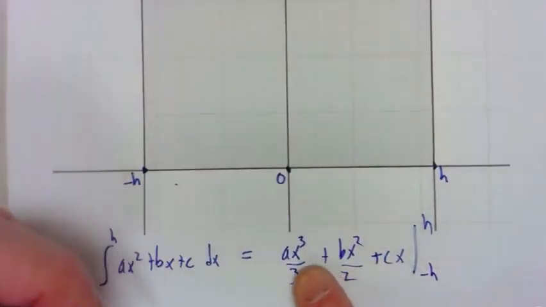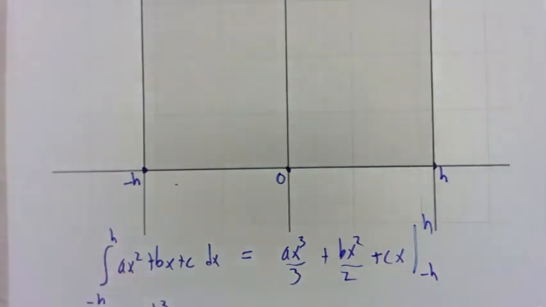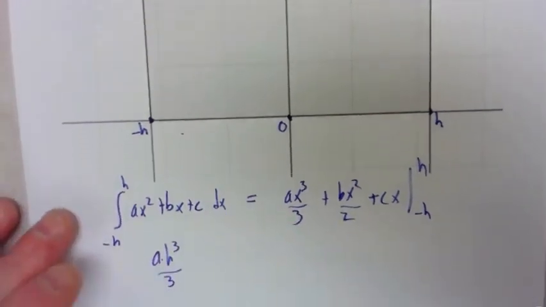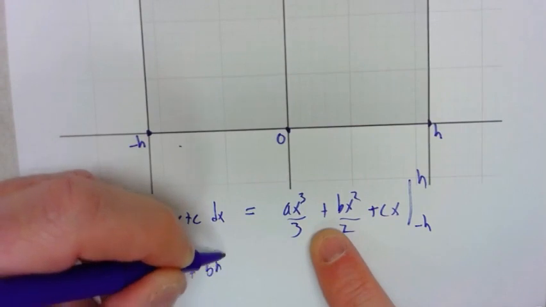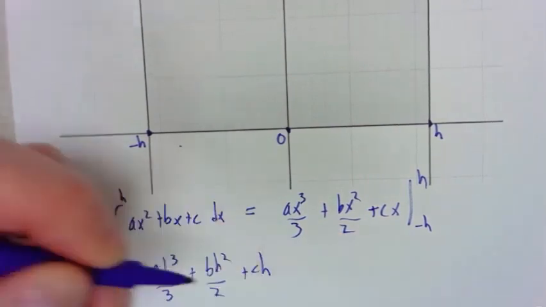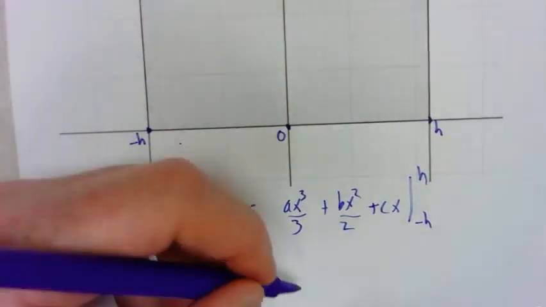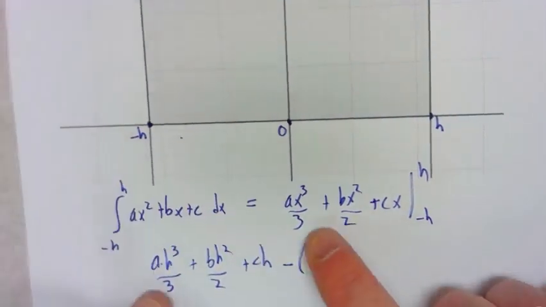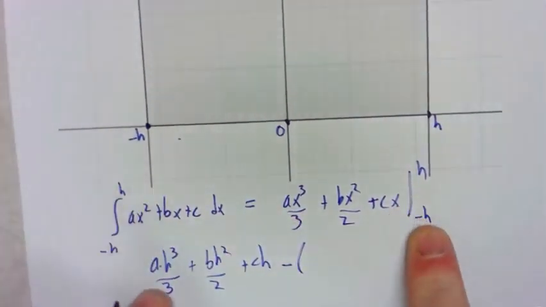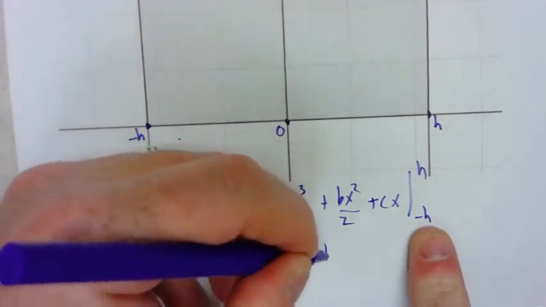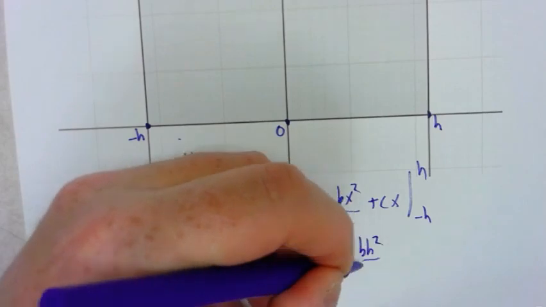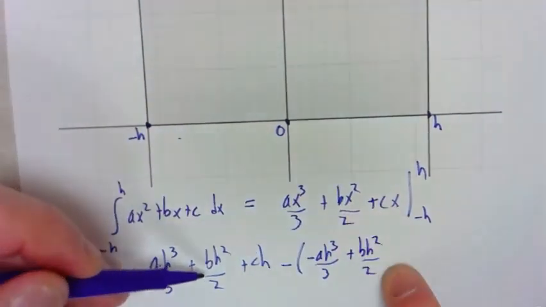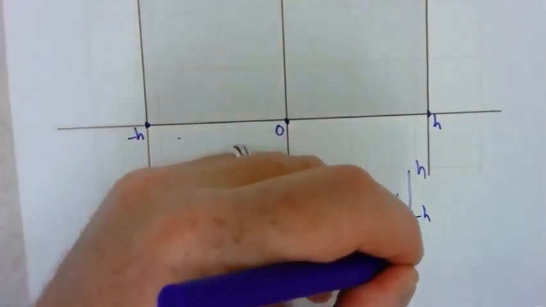So if we plug in h, that'll be ah cubed over 3 plus bh squared over 2 plus ch, minus, okay, now if we plug in negative h, that'd be negative ah cubed over 3 plus bh squared over 2, because negative squared is positive, minus ch.